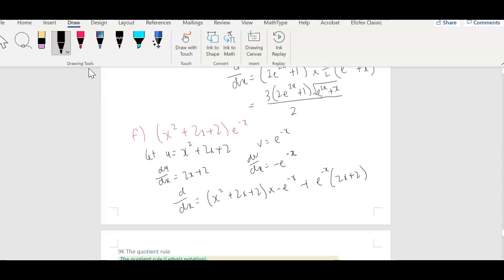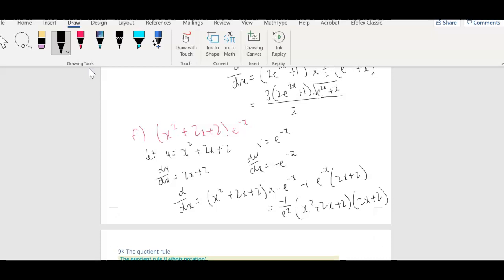All right, so I can take out e to the negative x, which is the same as 1 over e to the x, as a common factor. And then I'm left with, there's a multiplied by that negative, so that negative can just stay out there. And we've got x squared plus 2x plus 2, and then 2x plus 2.